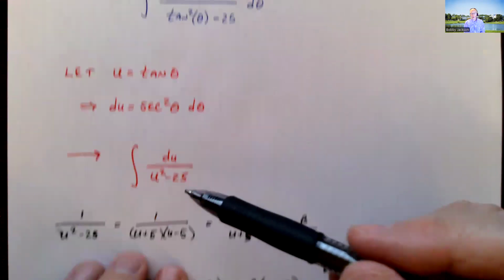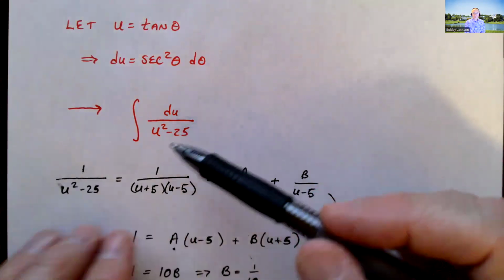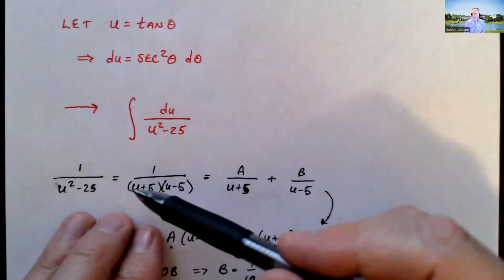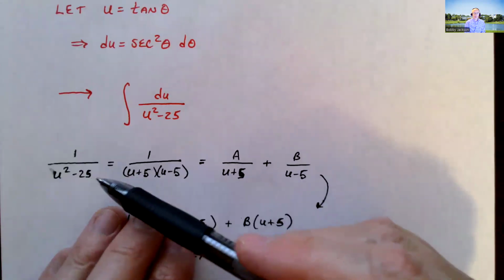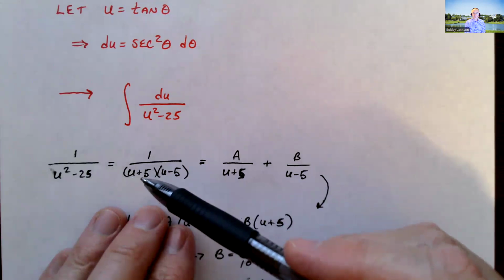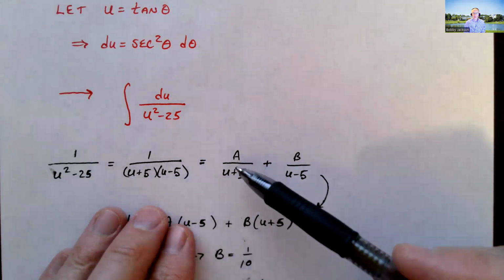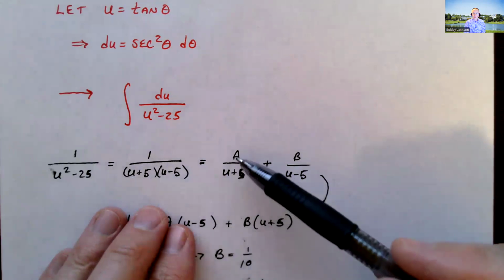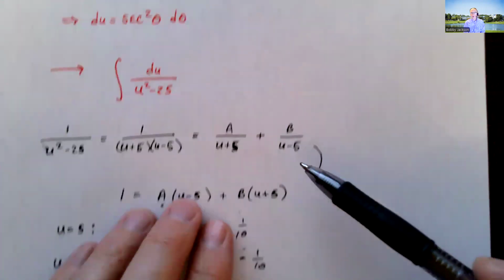So I'm going to break up this, which was really, remember, 1 over u squared minus 25 into its partial fraction decomposition. So we factor, this is just the difference of squares. And so I have one linear factor of u plus 5. That gives me this fraction in the decomposition. And then u minus 5 gives me this fraction.